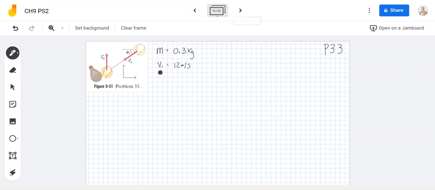Okay, you'll notice the angles there. Just after, it's traveling directly upward, you'll notice that there, with a speed of 10 meters per second.